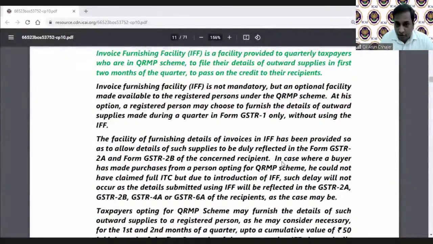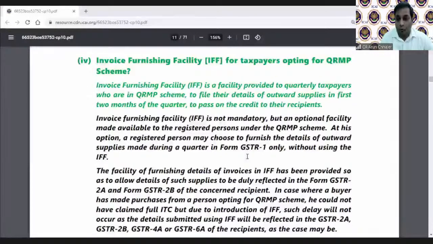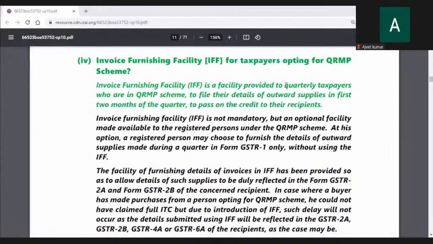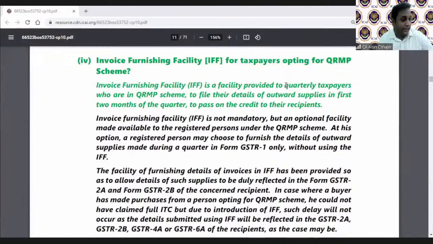What is QRMP and what is IFF? Let me explain. Can anybody tell me the full name of IFF? I hope in the last class we discussed it and you remember the full form of IFF.